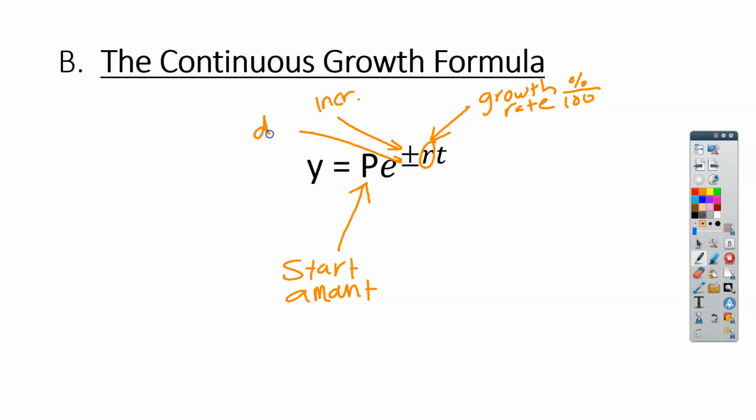If it's a decreasing function, it's a minus. Okay? And t is usually just going to be time or your input, but a lot of times it's just time. Yep. E is Euler's number, and it's approximately 2.71.